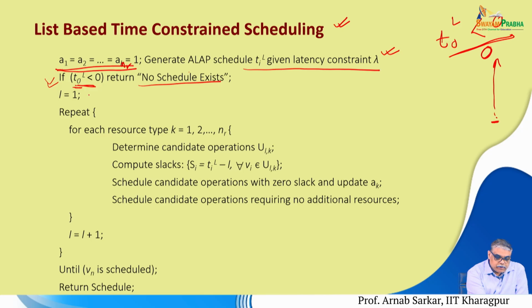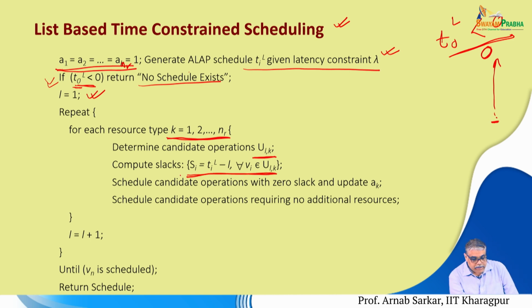Then again we proceed time step wise. We start with time step 1 and then repeat. For each type of resource, very similar to resource constraint scheduling, we determine candidate operations and then we compute slacks of these candidate operations.